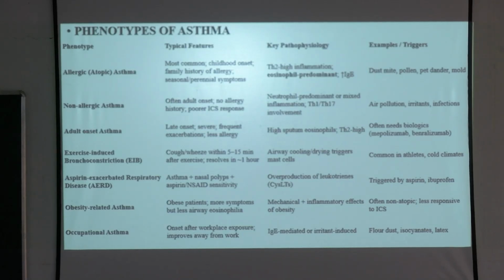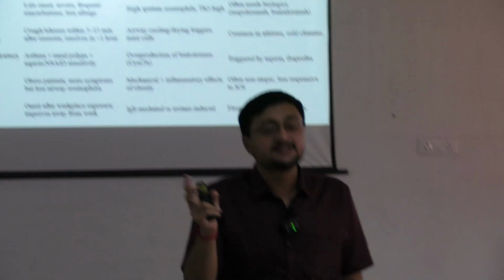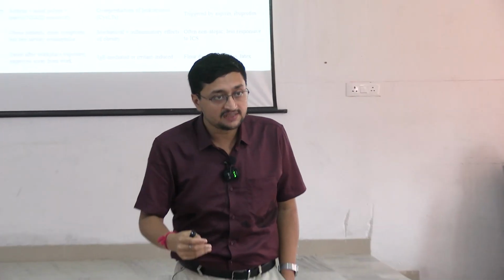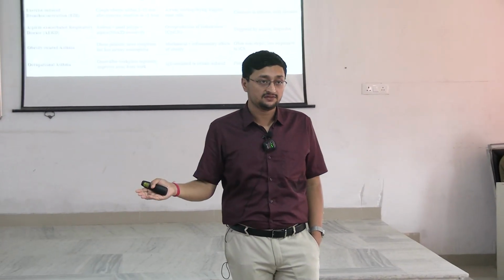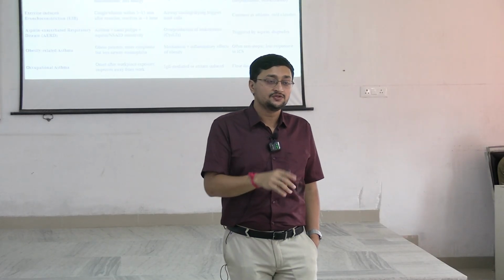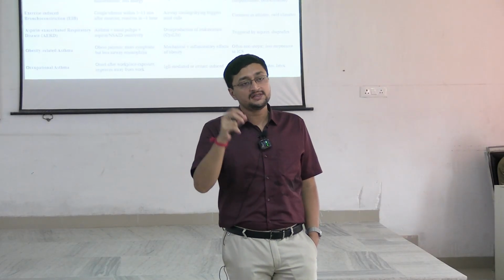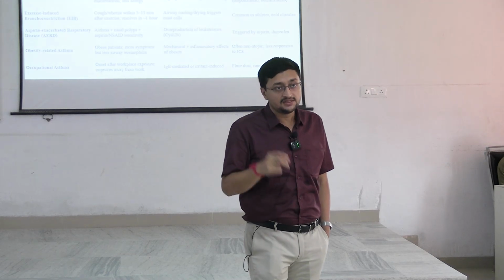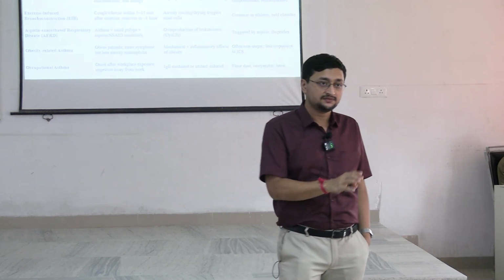Sometimes this adult onset asthma can be similar to non-allergic asthma. And non-allergic asthma means this is neutrophilic, this is not allergic, that means this is not eosinophilic. So the treatment protocol in case of non-allergic asthma is different from allergic asthma, right?